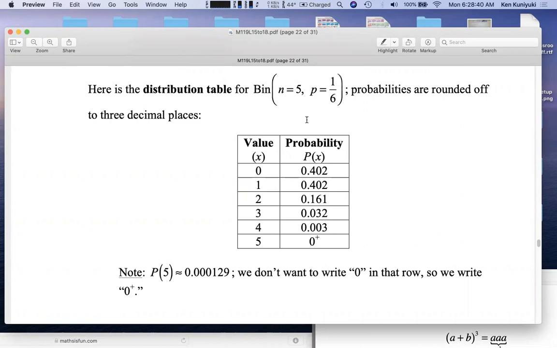So the probability of getting any given question correct is 1 out of 6. Let X be the number of successes, the number of questions the student answers correctly from guessing randomly on this test. The possible values are 0 through 5. The student could get all the questions wrong, 1 question correct, 2 correct, 3 correct, 4 correct, or all 5 correct. And here are the corresponding probabilities.